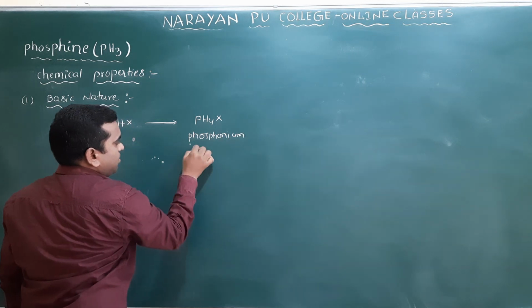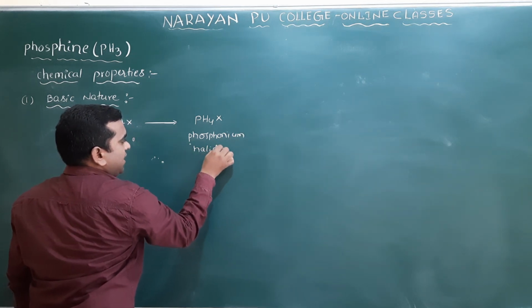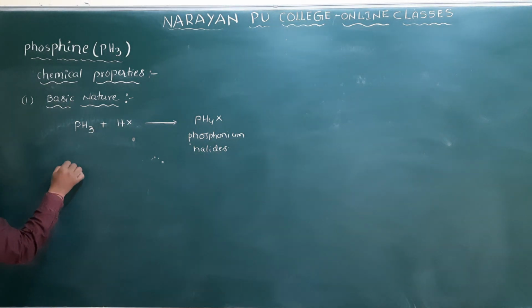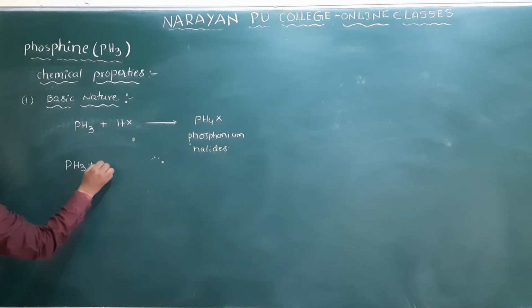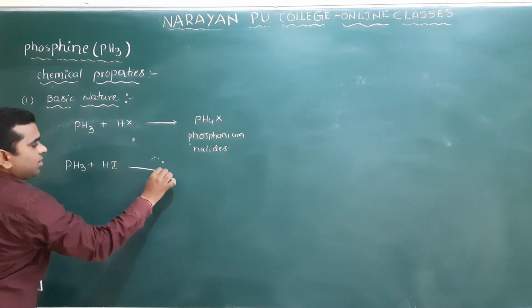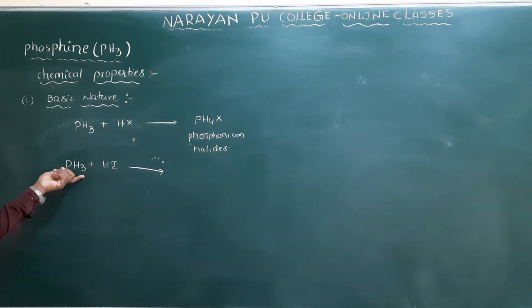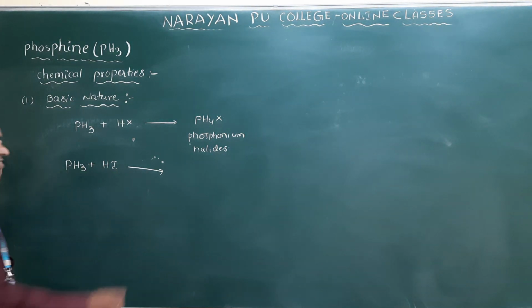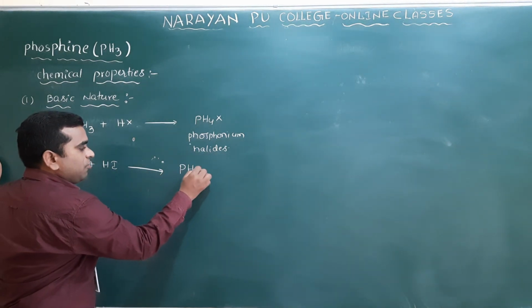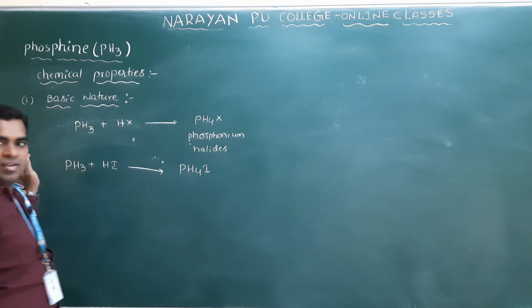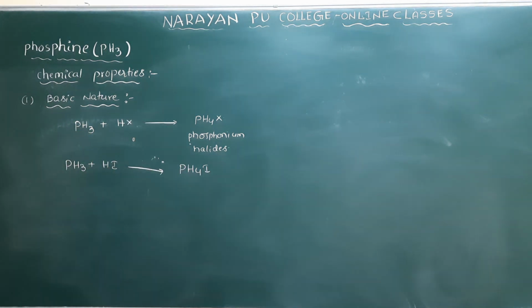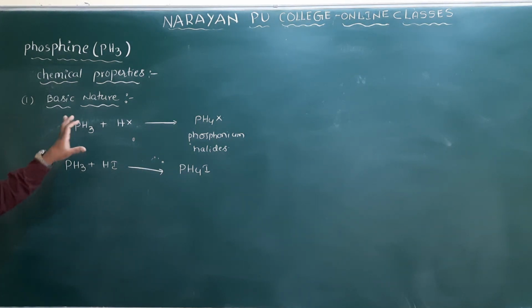Take one example, PH3. PH3 is always contaminated with diphosphine. When we pass it through HI, only PH3 reacts with HI and gives pure PH4I. Now treat it with KOH, and we get phosphine, which we have already discussed. So this is the first reaction, basic character.